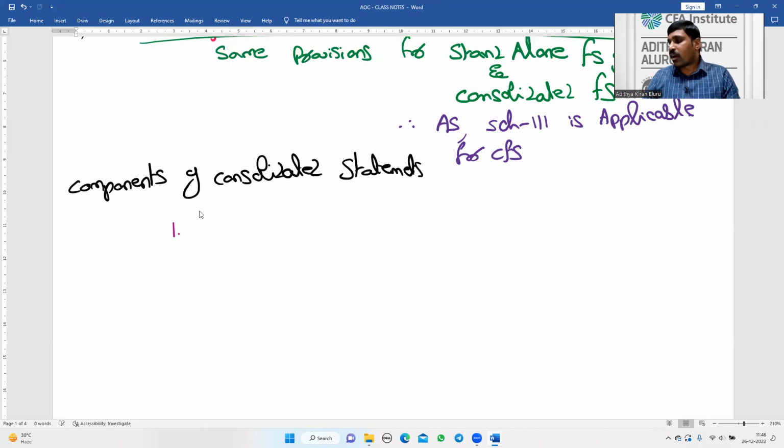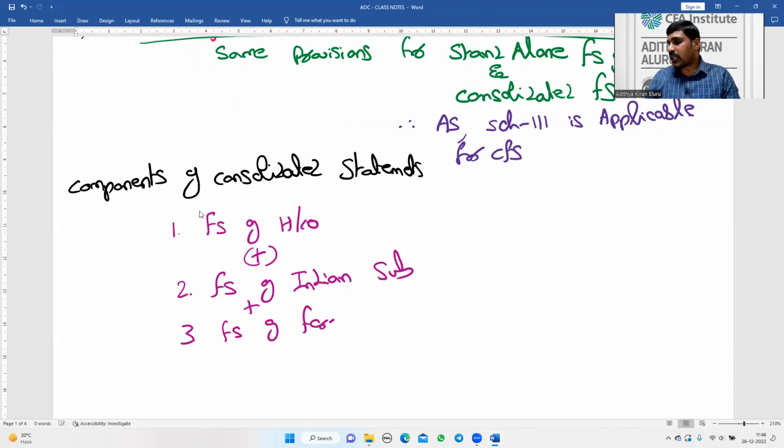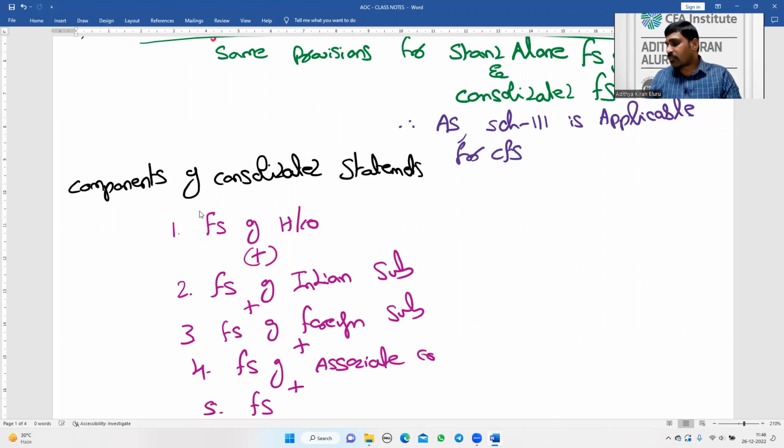Number one, financial statements of the holding company, plus financial statements of Indian subsidiary, plus financial statements of foreign subsidiary, plus financial statements of associate company, and next, financial statements of joint venture companies.